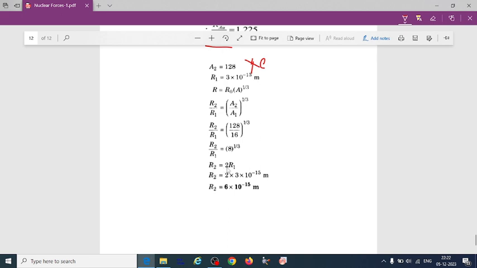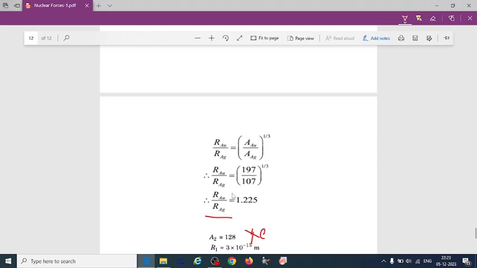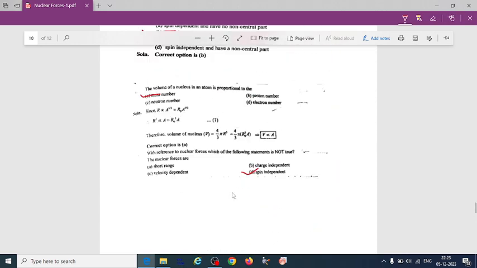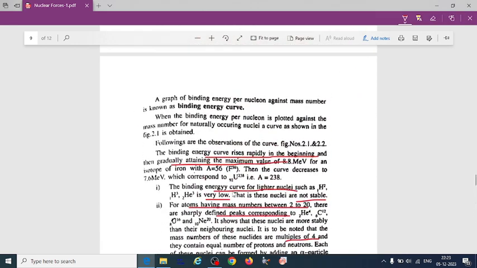So R2 is equal to 2 times R1. R1 is 3 into 10 to the power minus 15 meter. Then you can calculate the radius of the other given element, that is xenon. So like that you have to solve the problems related to properties of the nucleus.